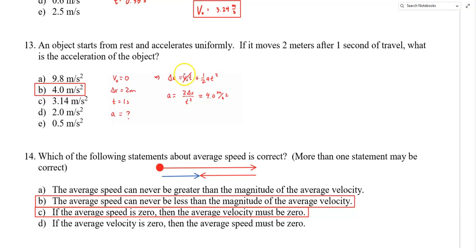The initial velocity was 0, which allowed for this component of the equation to disappear. And now when we isolate A by multiplying both sides by 2 and dividing by t squared, we have a formula that we can substitute our known quantities in, and we obtain a proper acceleration of 4.0 meters per second squared.